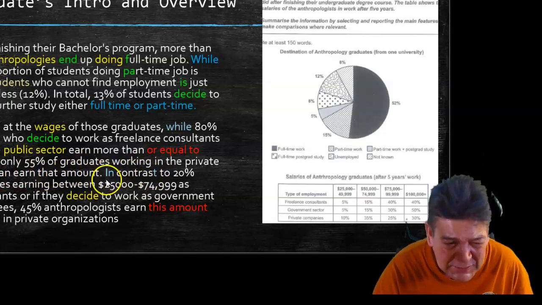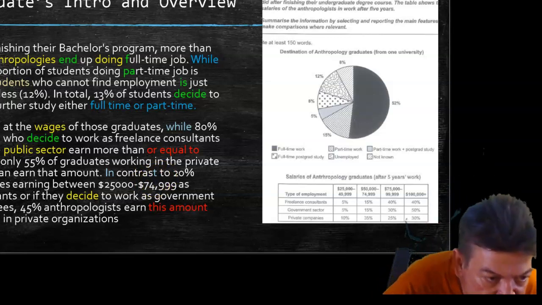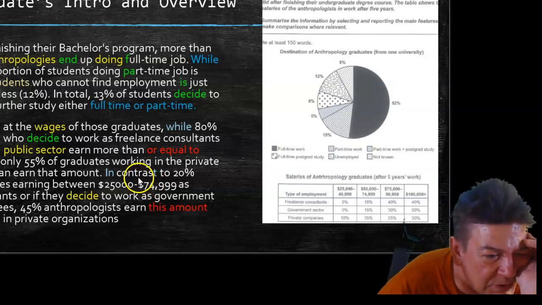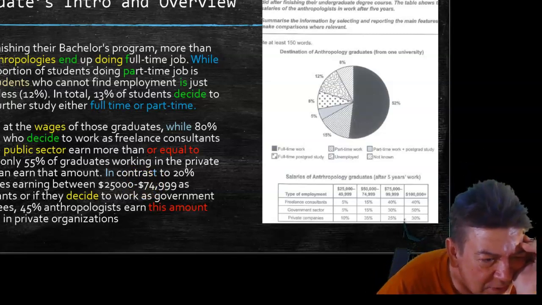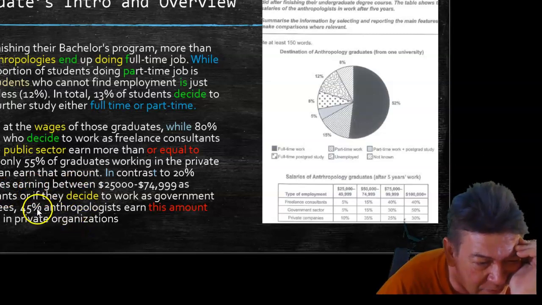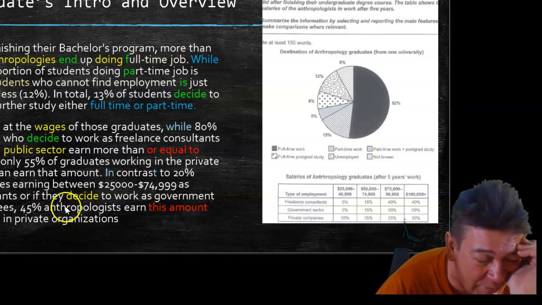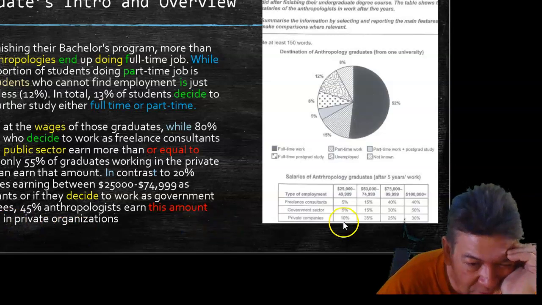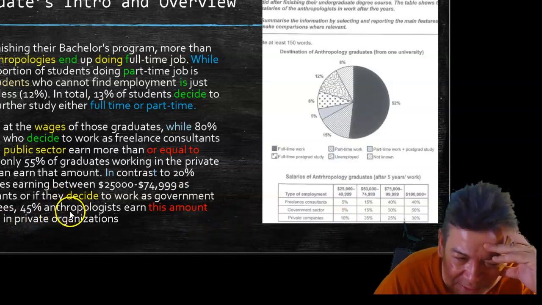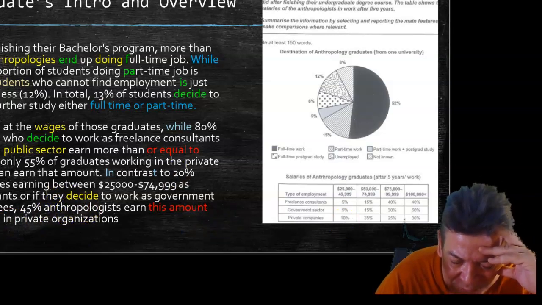It's by contrast, comma, by contrast, 20% working. These amounts are, the back end there is really confusing.